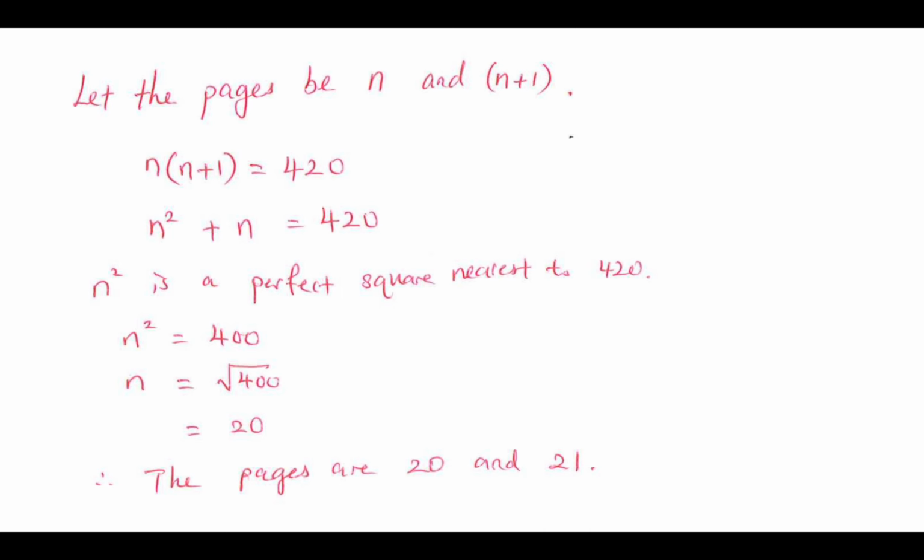So we know that n times (n plus 1) is 420. That means n squared plus n is 420 if we expand it properly. We know that n squared is a perfect square, and the perfect square that is nearest to 420 is 400. So we work that out, we realize that n is 20. Therefore, the pages are 20 and 21.